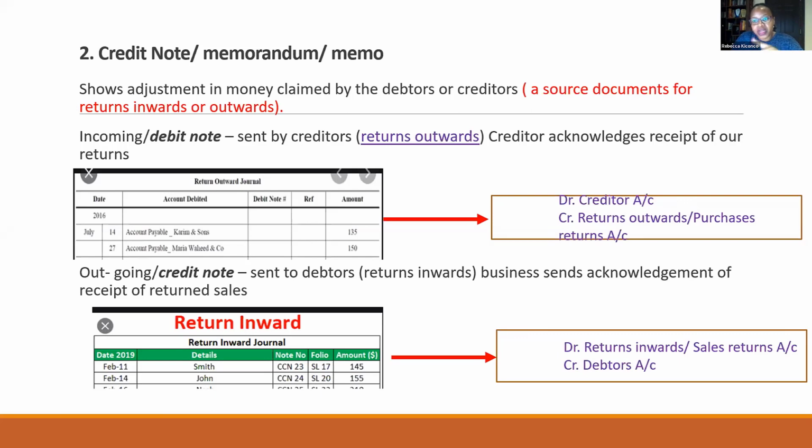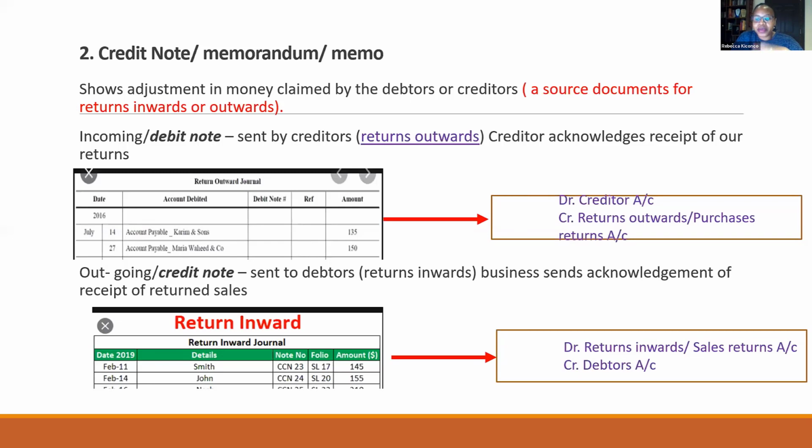Remember, our debtors are reducing because they're returning goods to us. We made sales, we got debtors. Our debtors are reducing because they're returning goods to us. So when our debtors reduce, that means an asset is reducing. When an asset is reducing, you credit the asset. And that is why we credit the debtors account, okay?